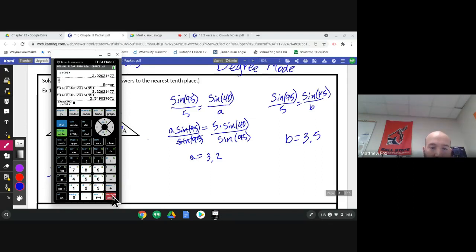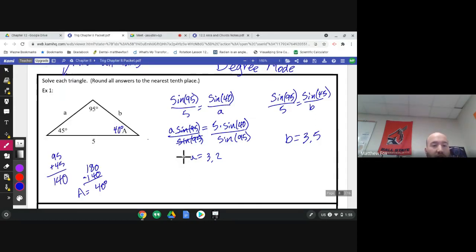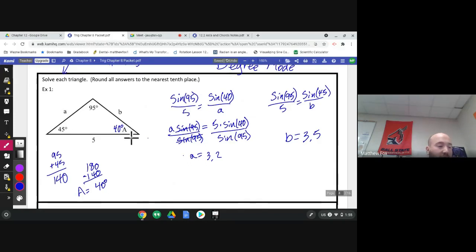It keeps going back into my history. So if you just hit second enter, you can go back and change something. Then I can arrow over, change this from a 40 to a 45, hit enter, and I get my answer. All right, so we are done. We have found each of the missing parts.